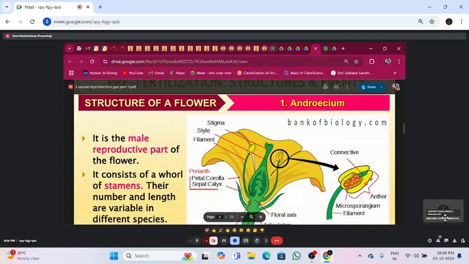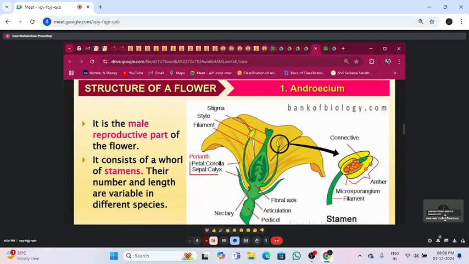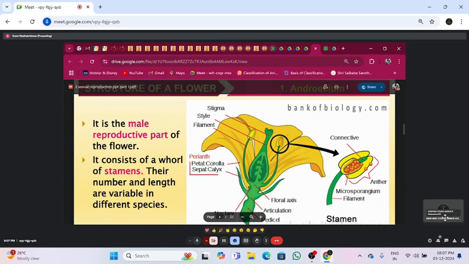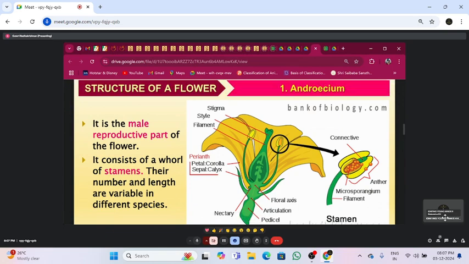Androecium is the male reproductive part. What does it consist of? It consists of a stamen or whorl of stamens. Their number and length are variable in different species. Some may have one, some may have many. It depends on the species.